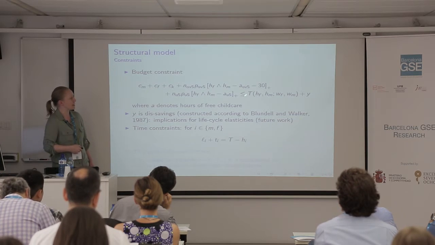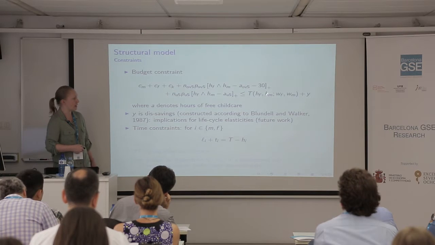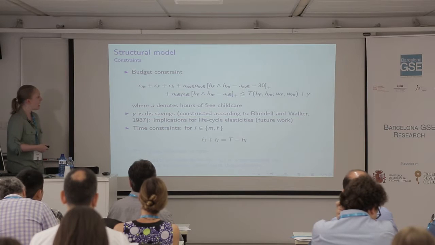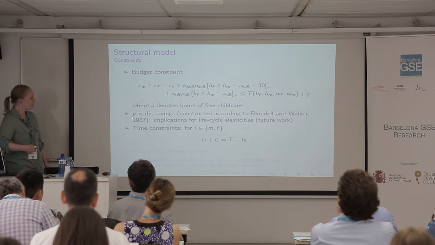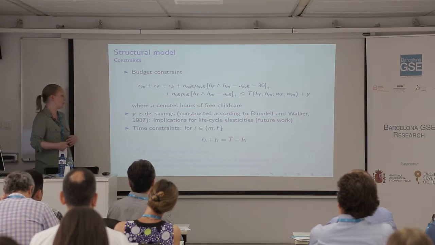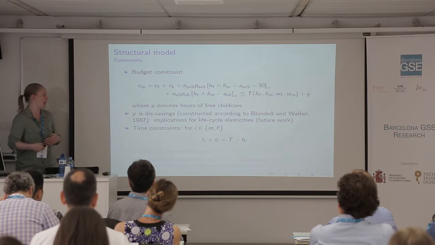And here we have the tax function, which incorporates all those programs I discussed previously. And Y here at the end is disposable savings. This is constructed according to Blundell and Walker 1987.